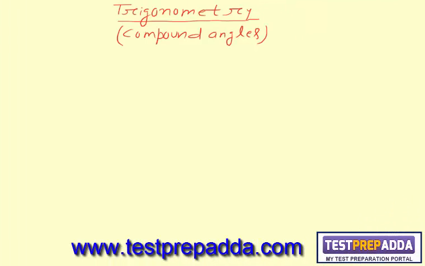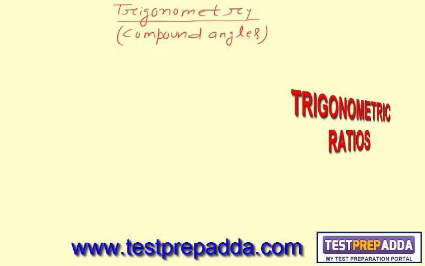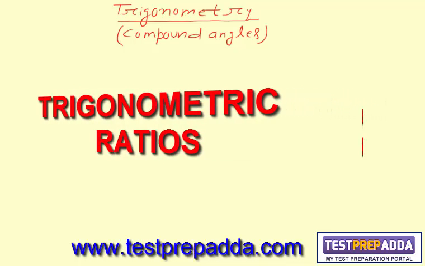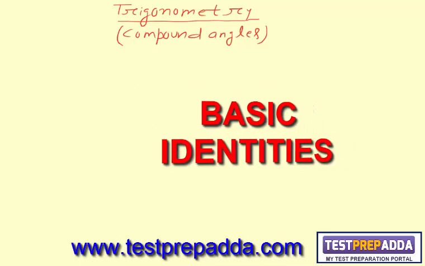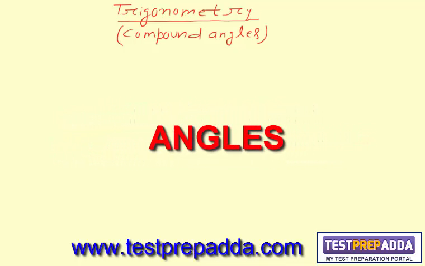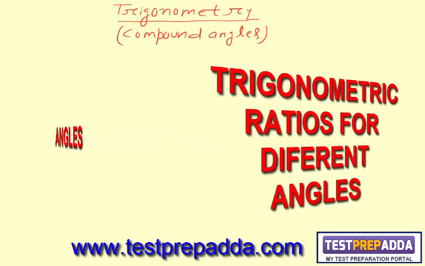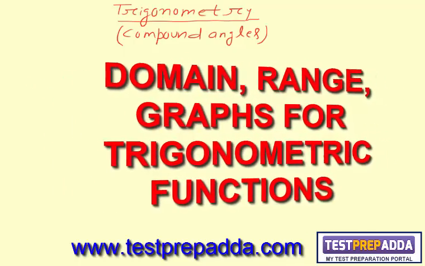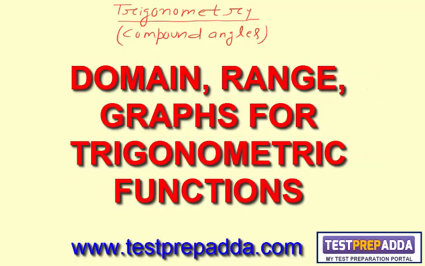Dear students, in the previous sessions of trigonometry, we have learnt about trigonometric ratios, basic identities, angles, trigonometric ratios for different angles, then domain, range, graphs for different trigonometric functions.